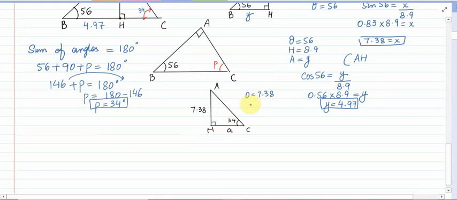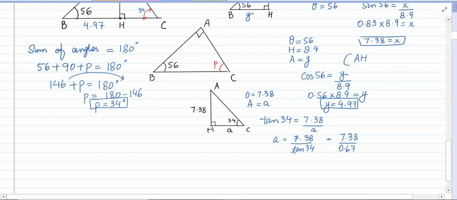This is about 90 degree. And adjacent is A. So opposite and adjacent comes in tan. It will be tan 34 is equal to opposite over adjacent. Make A the subject of the equation. So A is equal to 7.38 divided by tan 34, right? So 7.38 divided by the value of tan 34 from your calculator, it's 0.67.